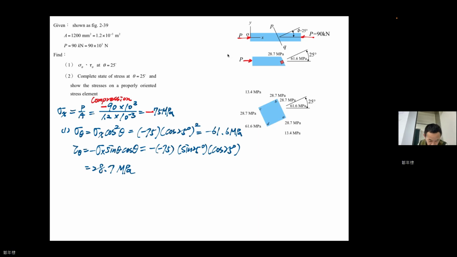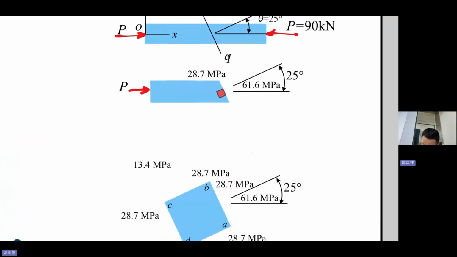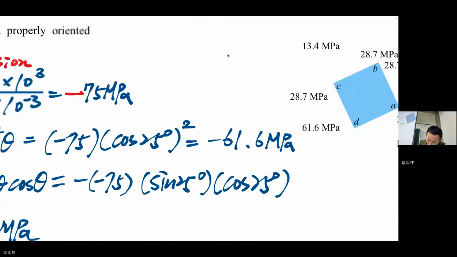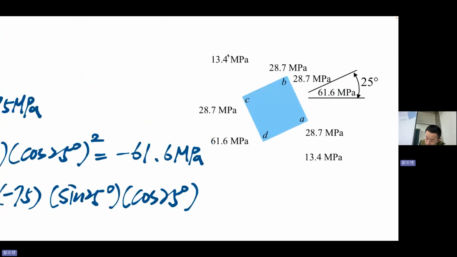Now, let's draw the direction, all right? Because now here is minus, this is positive, and the face you focus on, the surface you focus on, your focus is this one, right? So you have minus 61.6, minus, okay? And positive 28.7.